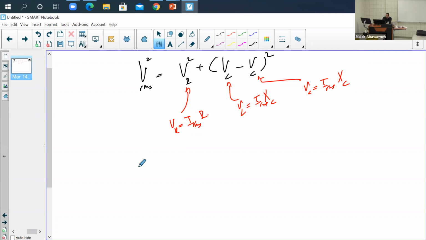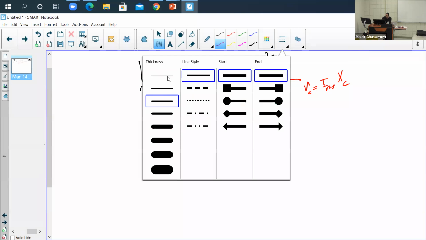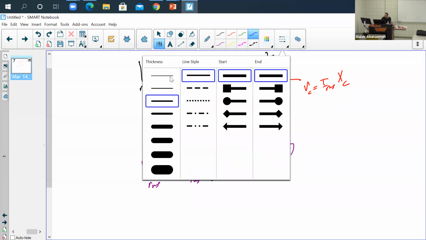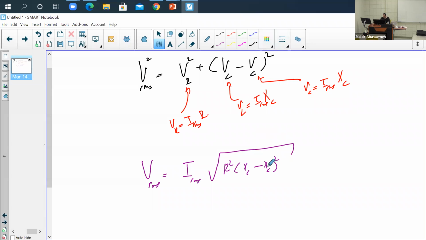So basically, plug it in. Let me get a different color on this. Your V root mean square equals your I root mean square multiplied by the square root of R squared plus (XL minus XC) squared. Let me define these one more time.